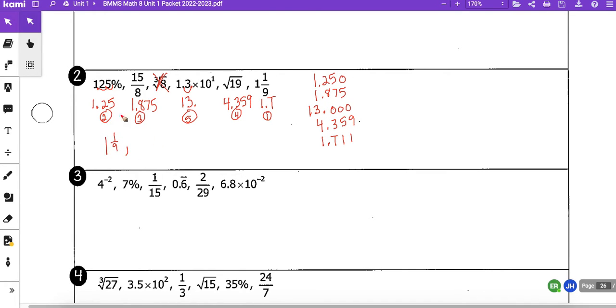And then here's the second one, which started out as 125%. And then the third one is here, 15/8. And then the fourth one is square root of 19. And then finally, the scientific notation, 1 and 3/10 times 10 to the first.